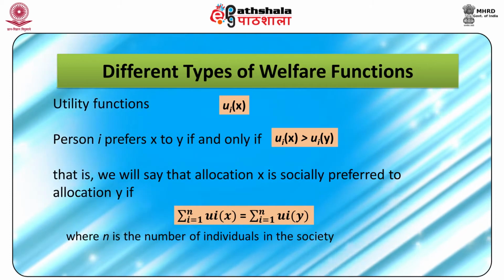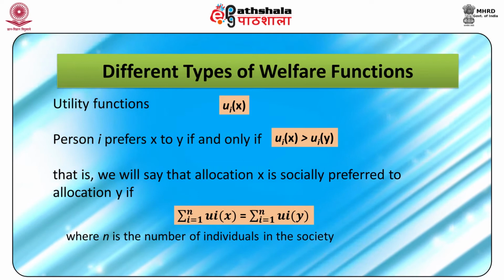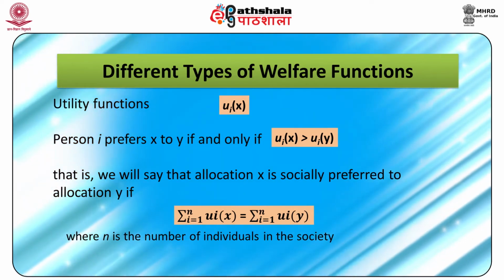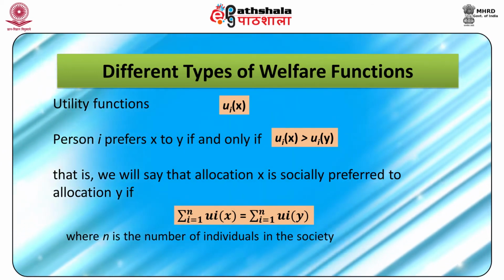Then one way of getting social preference from individuals' preferences is to add up the individual utilities and use the resulting number as a kind of social utility.